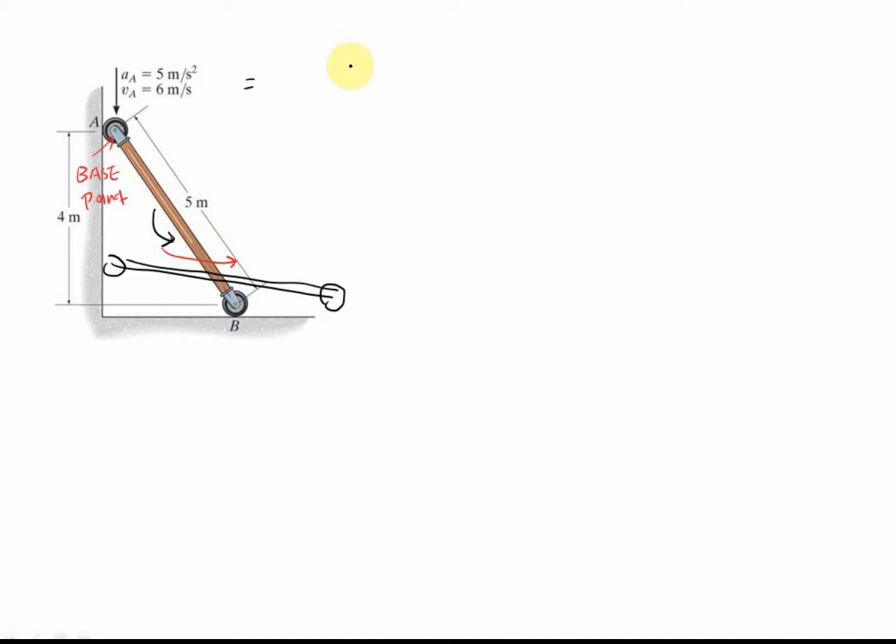So this is my starting position, but I first translate everything from top to down, and this is my A point, this is B. And then about A, I just rotate.